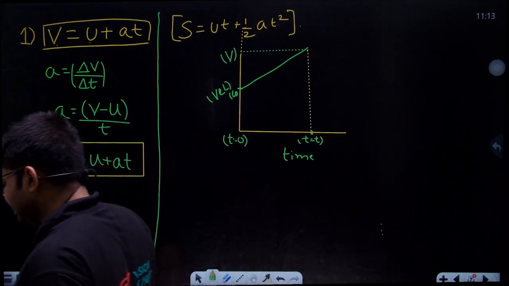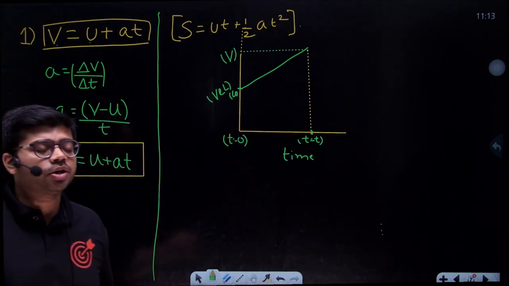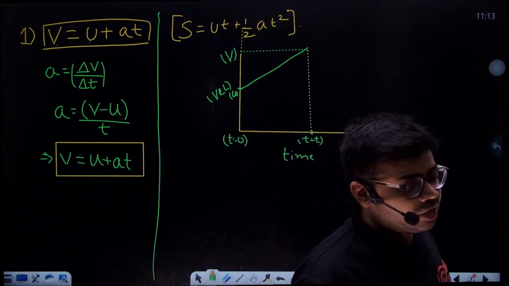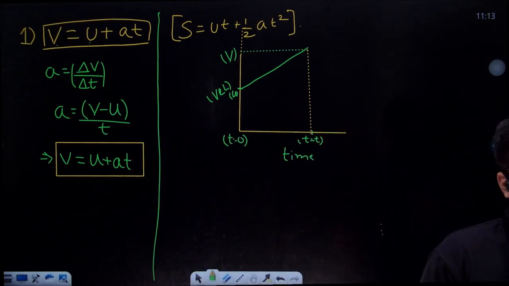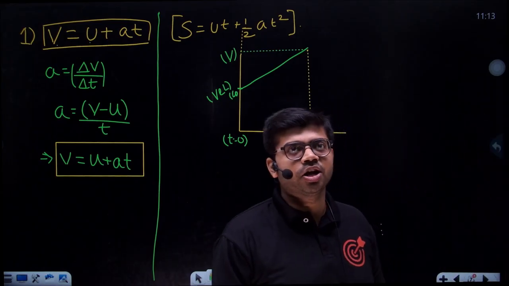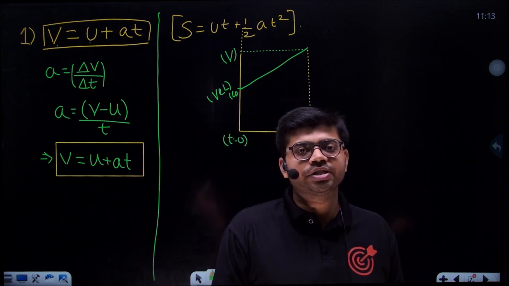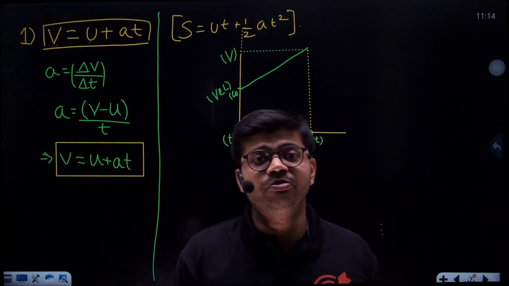Always remember, in the velocity versus time graph, the area of the velocity time graph gives you displacement. Because you see, what is displacement? It is basically velocity into time. So if displacement is velocity into time, I can simply say that the area of the velocity time graph is going to give me the displacement.